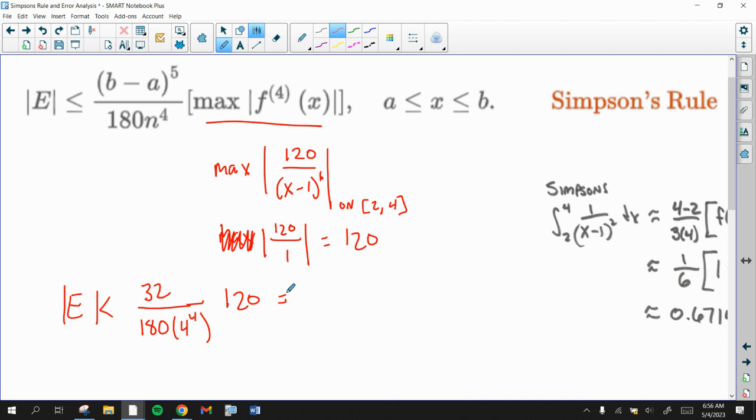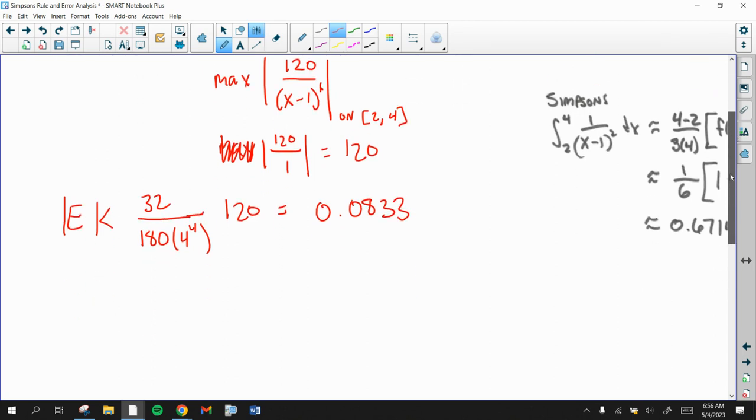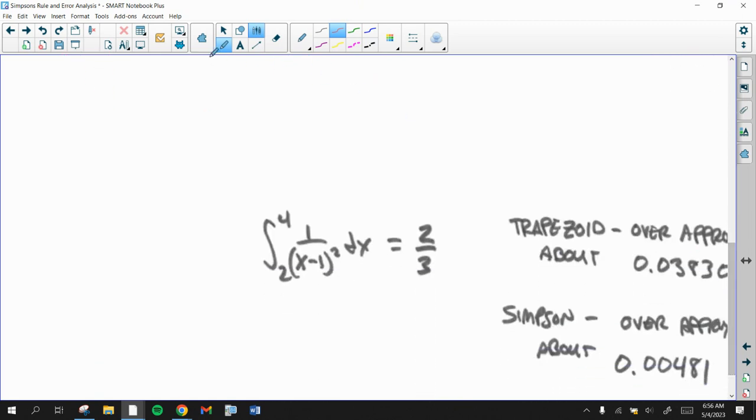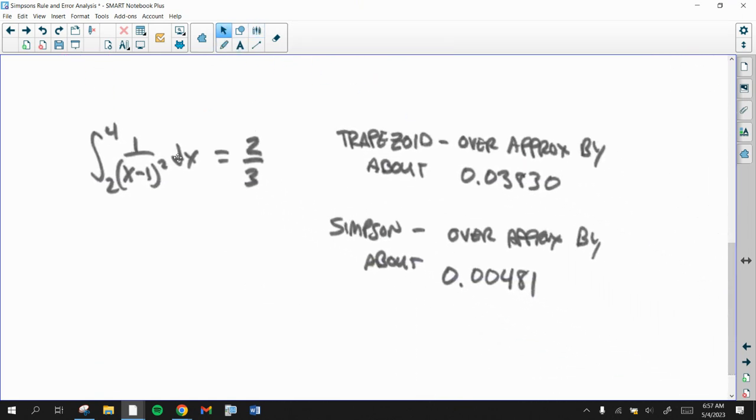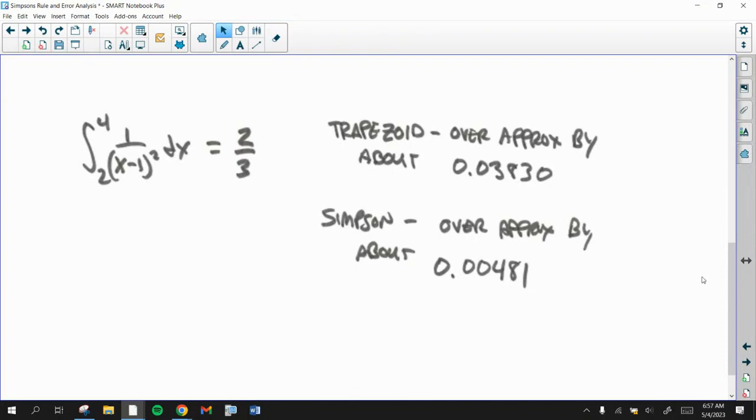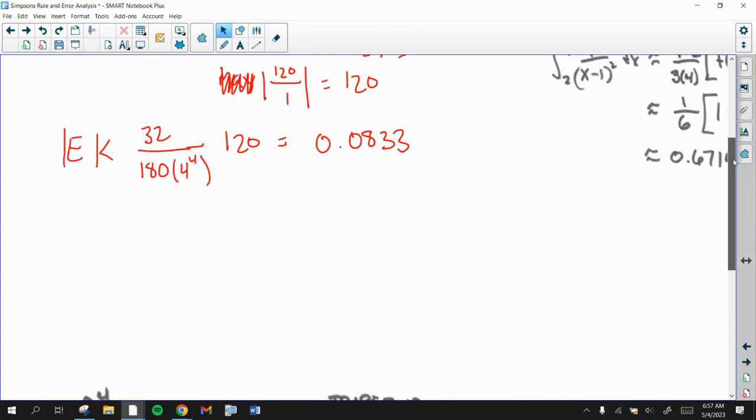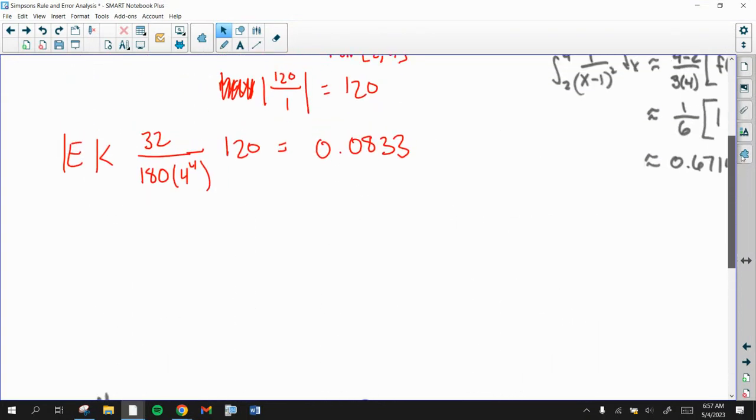And I have the maximum error with Simpson's is 0.083 repeating. That's 1/12. And if you look at the actual error we got, that was 0.0048. So we did much better than the maximum error would have given us.